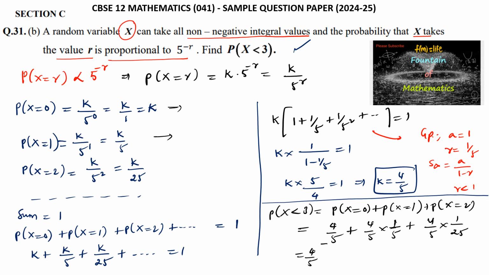So 4 by 5 taken common, 1 plus 1 by 5 plus 1 by 25. That is 4 by 5 into 25 plus 5 plus 1 divided by 25. So 25 plus 5 is 30, 30 plus 1 is 31. 31 fours are 124 divided by 25 fives are 125. So 124 upon 125 is the answer for this question.